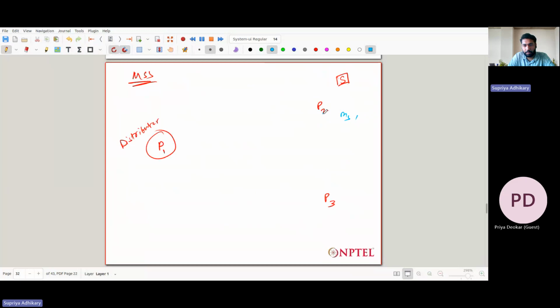Our goal is that P2 would hold MS and lambda 1 and P3 would hold MS and lambda 2, and P1 would only have lambda 1, lambda 2. So this is our goal.